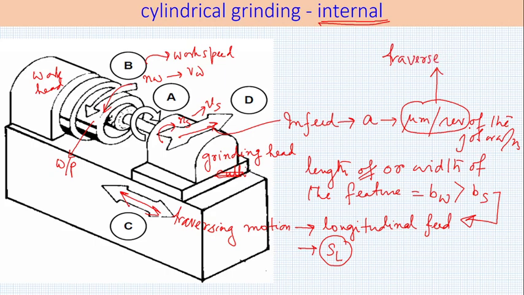It looks like F, so let me correct that. So when it is transverse grinding. So this is the thing of internal grinding.